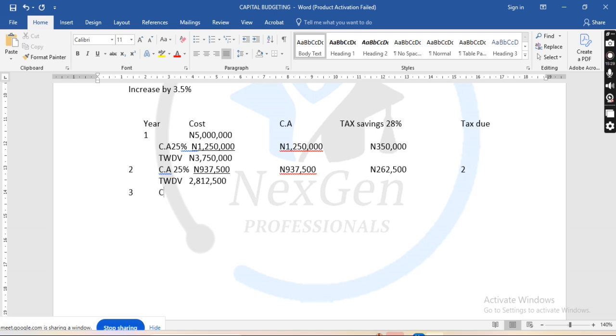The CA again, you charge capital allowance since it's reducing balance method, right? So what is the CA of this? Quickly, class. 703,125.